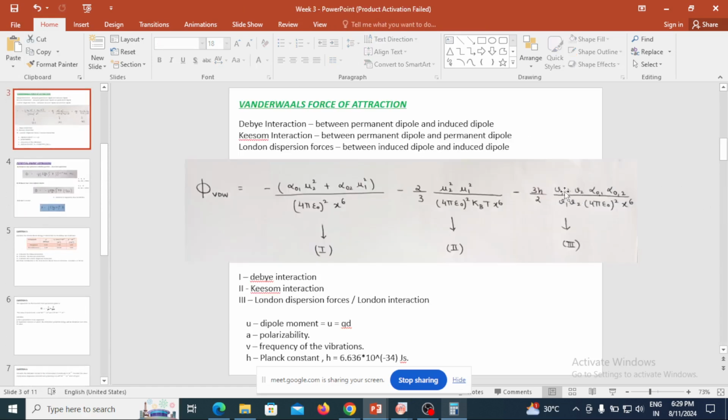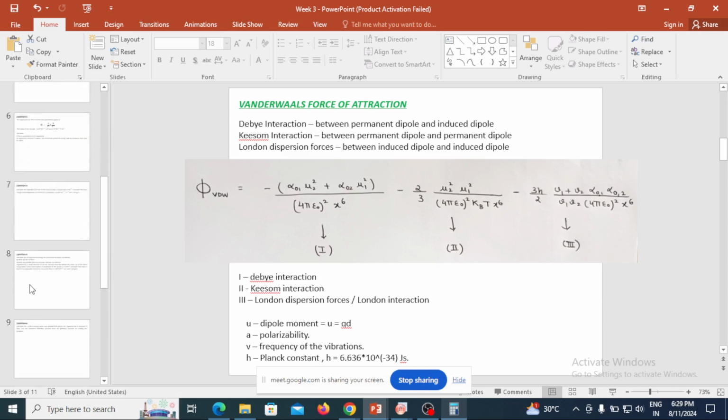So here this nu1 plus nu2 by nu1 nu2. So since it is same, the numerator will become 2 nu1 and denominator will become nu1 square. So that nu1 and nu1 square will get cancelled, and this will become 2 by 3h by nu1. This will become alpha square.